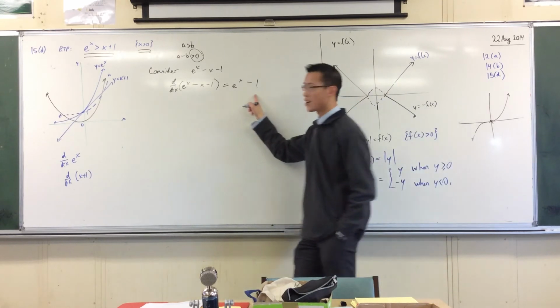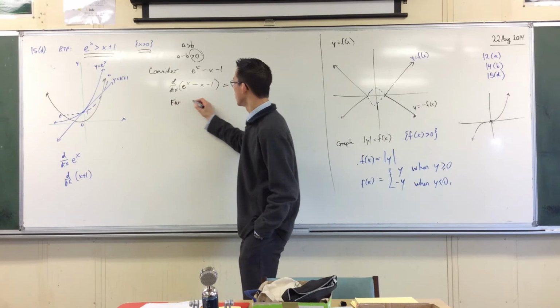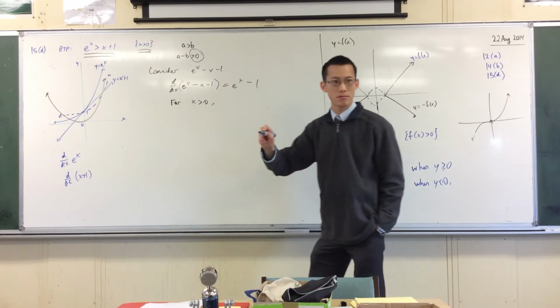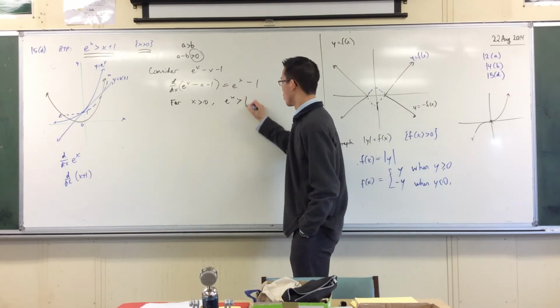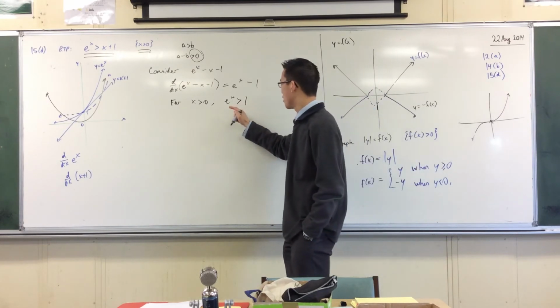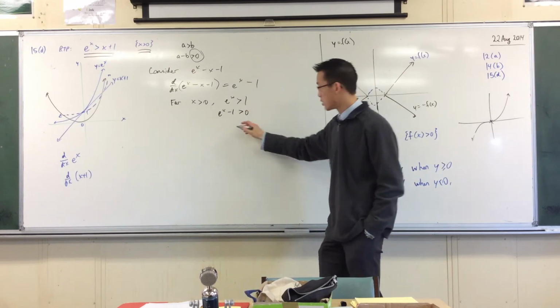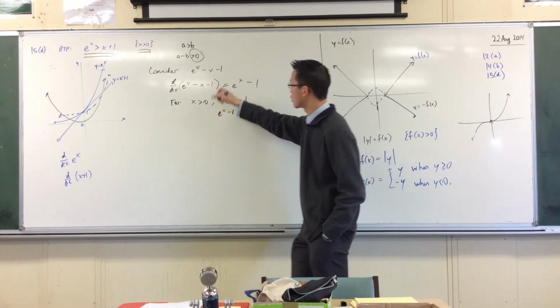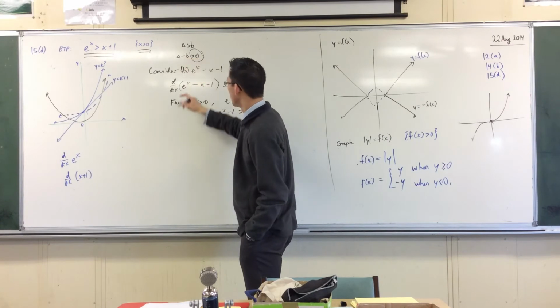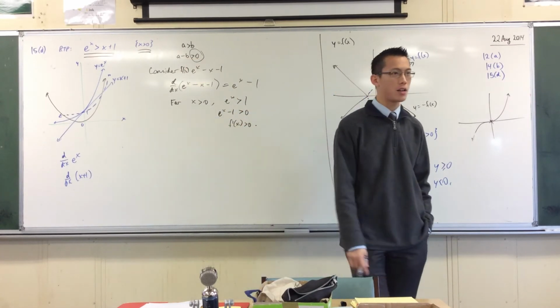So I can say, wait, hold on, look at this guy, right? For x greater than 0, e to the x is greater than 1, right? That's just a fair fact. So I can say e to the x minus 1 is greater than 0. So therefore, my derivative here, I should call this f, my derivative is always positive in this domain.